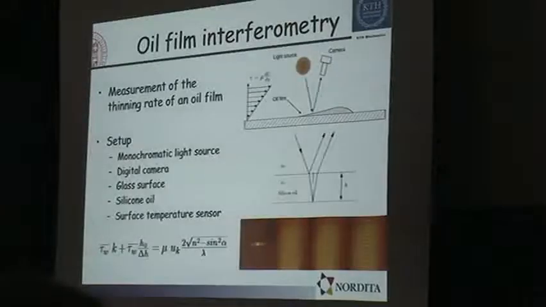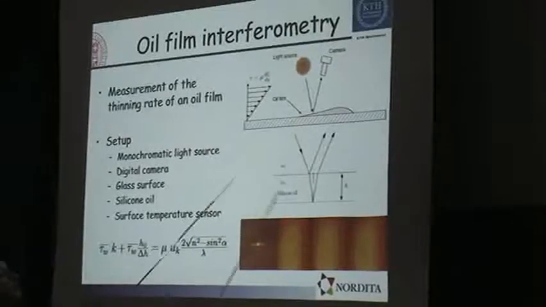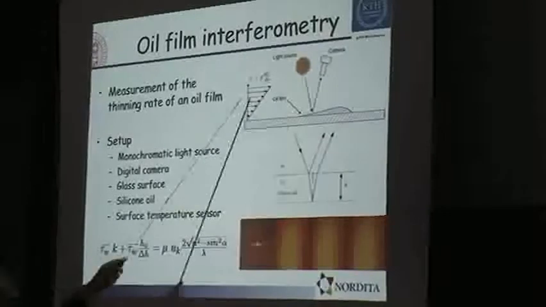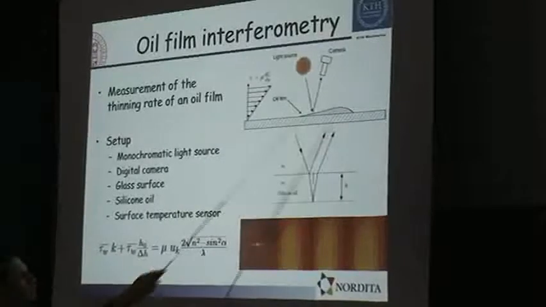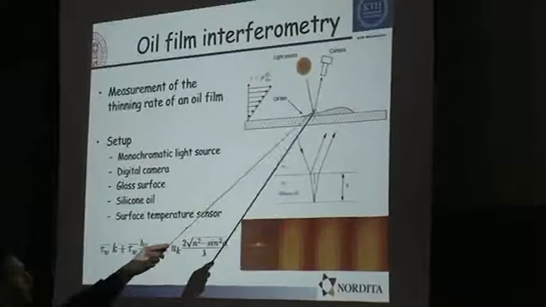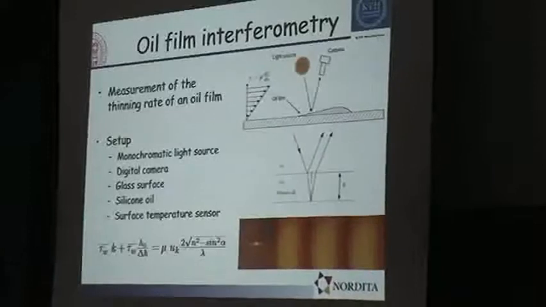Now I'm going to finish by talking a little bit about oil film interferometry, which is a technique which is used a lot these days. The principle is very simple. You put an oil drop on the surface, and the flow is going to blow it away, and you have a thin film of oil on the surface.